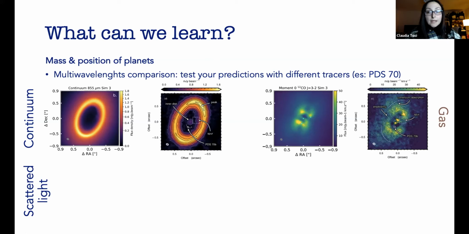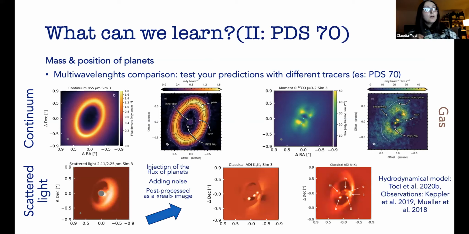But then, as I told you before, we want to do something more. So we wanted to use all the tracers that were available. And so we also tried to have predictions for the scattered light emission. But this is a bit more tricky because according to the different techniques that observers use for evaluating the images, you actually have to post-process also your synthetic flux, and this is what we did.